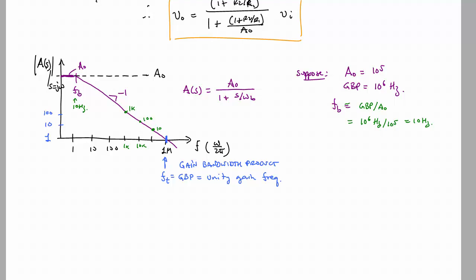And so we have a gain of 100,000 at 10 hertz, which I realize my scale here is not very good, is it? So this would be 10. That's 1, 2, 3, 4, 5, 6.